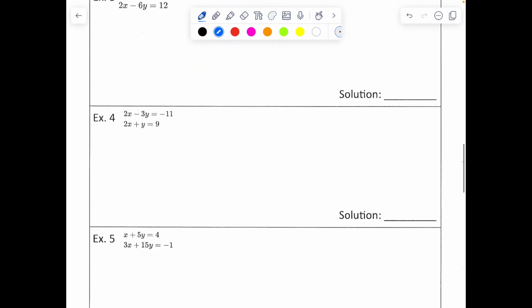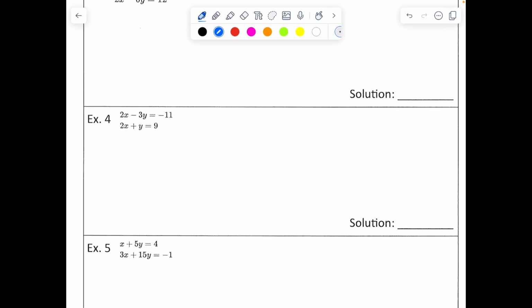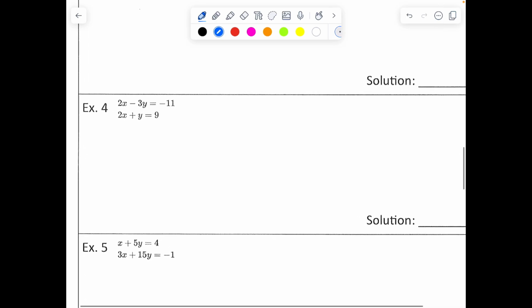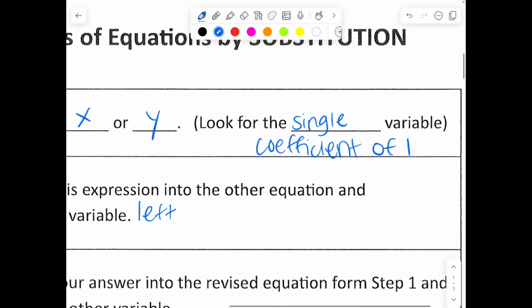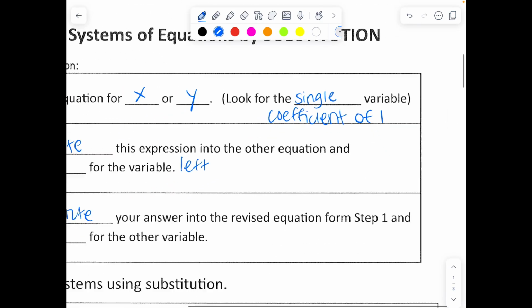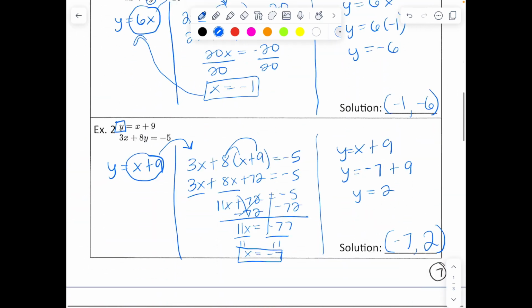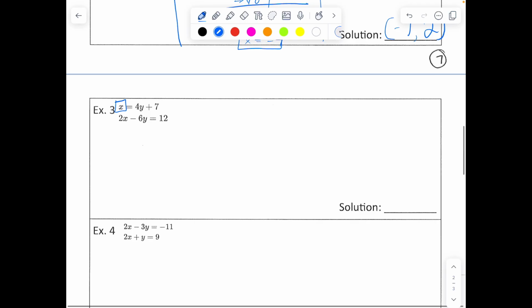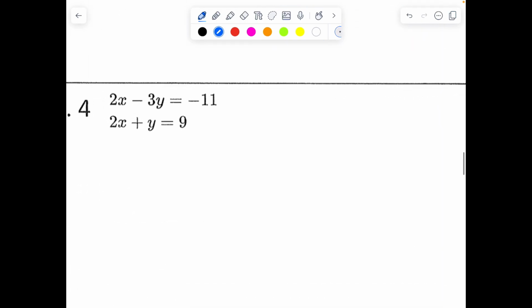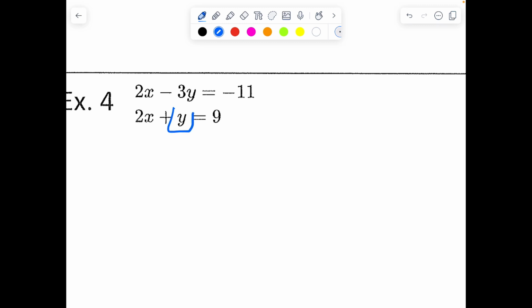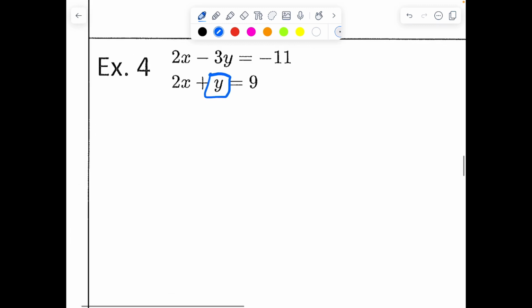Now we're moving on to number 4. Number 4 looks a little bit different. It doesn't start with a y equals or an x equals in either equation. But again, like step 1 says, we are looking for the single coefficient. That single coefficient is located here. However, it's not isolated.